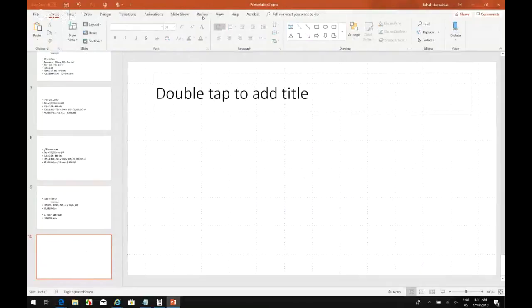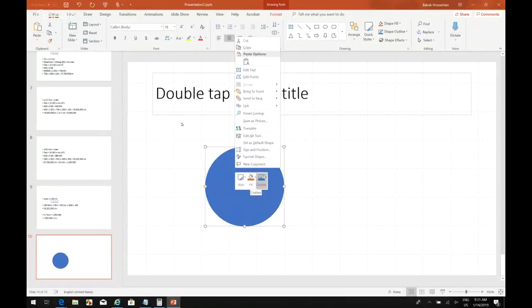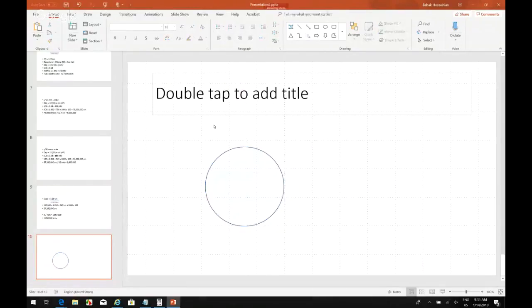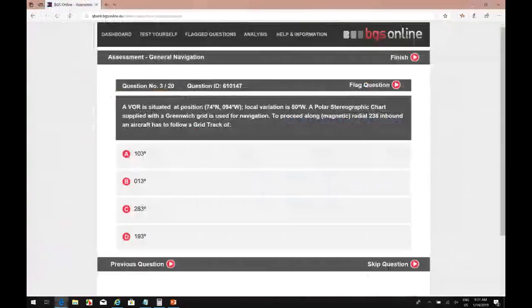So let's draw a circle. If that circle is 74 north, then we draw VOR 94 west.